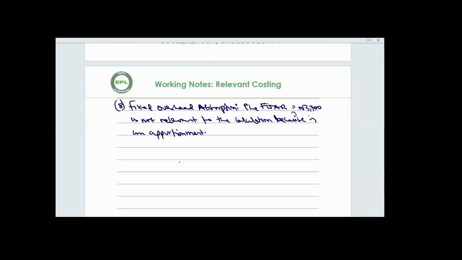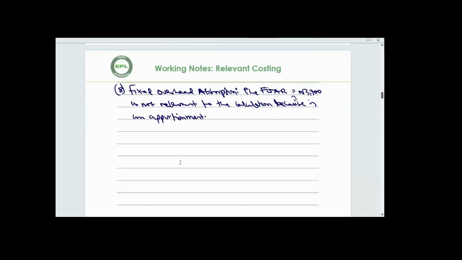Okay, so that's that. The cost is not related to the contracts.